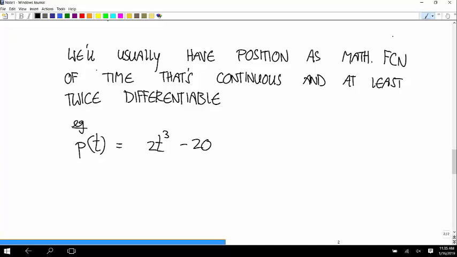And then from that, if we wanted to know what the position was at time equals 0, we plug in 0 for t and the position would be negative 20, if this is an SI unit, so negative 20 meters. And if we wanted to know at 1 second, it would be negative 18 meters. Okay.